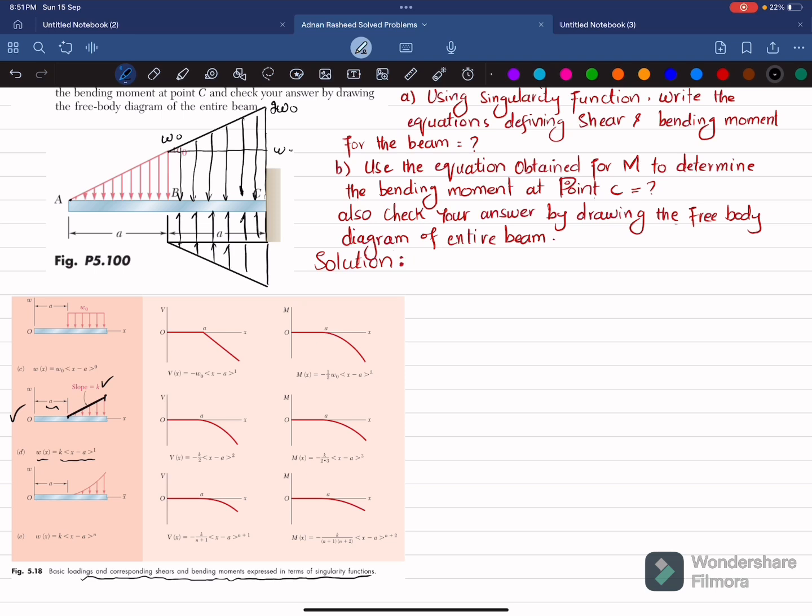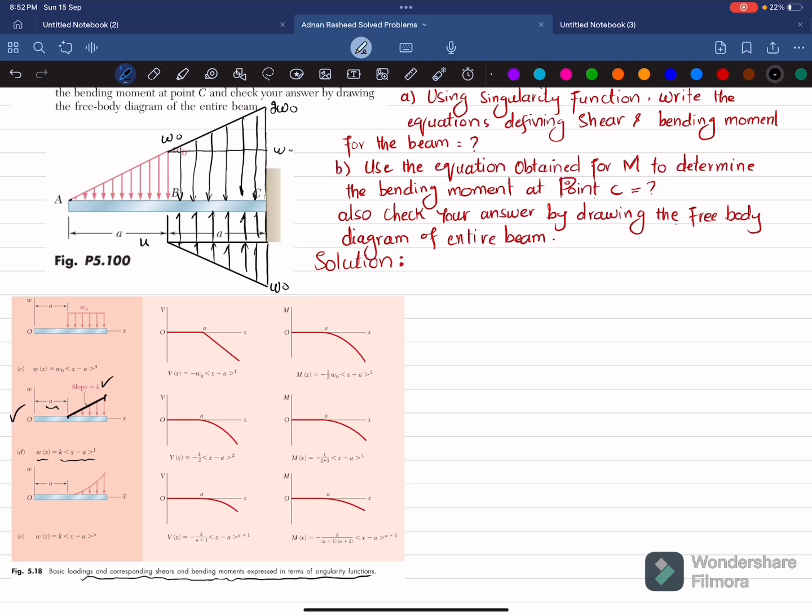So what we did is that we added this portion over here in downward direction, and then we added this portion in upward direction so that they cancel each other. Here it is W naught because we have added here W naught. This is W naught, here it is 2W naught.